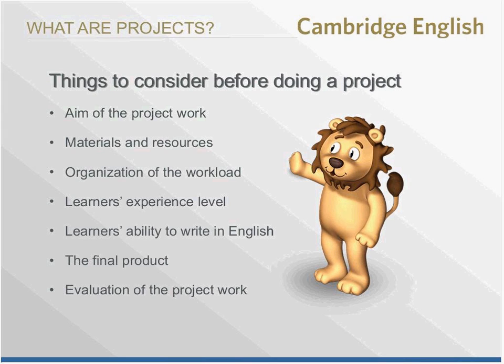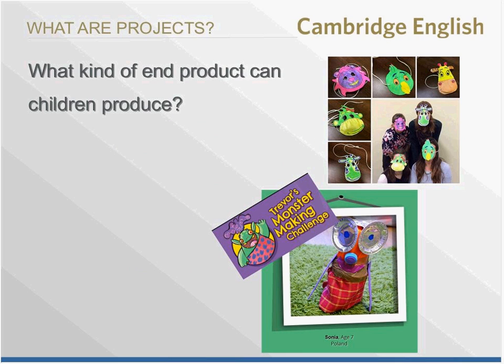Good. Now let's discuss what kind of end products children can produce. For example, it may be a wall display. So it may be posters or collages, and children all contribute a part to making a whole class product, like a wall display. All the kids participate in that. So it may be a report or a presentation, and it shouldn't be very complicated.